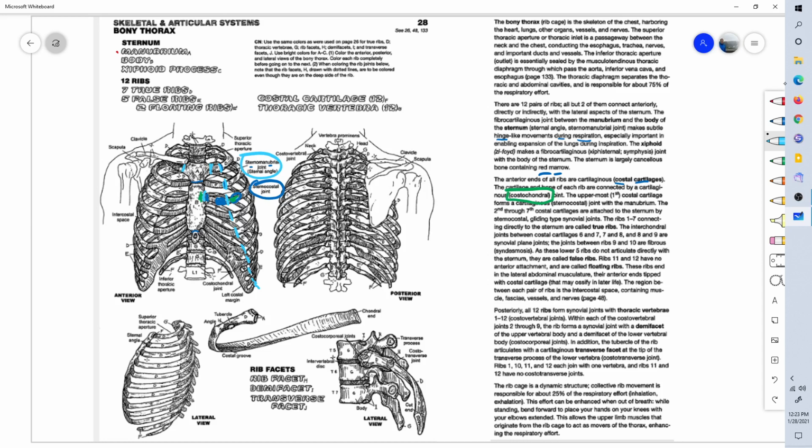Excuse me, that is not the sternomanubrial joint. It is a sternocostal joint with the manubrium. And of course, the sternomanubrial joint is right in here. So we have the manubrium of the sternum, body of the sternum, and the xiphoid process.